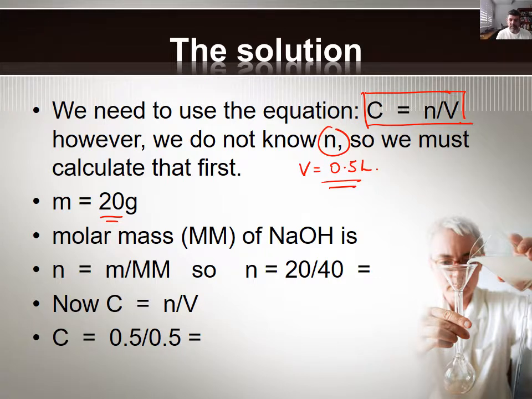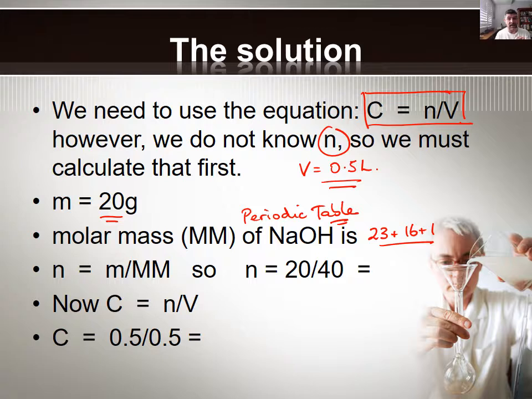Now the molar mass for sodium hydroxide we have to get from our periodic table. So make sure that you always have your periodic table with you so that you can follow the steps needed for these sorts of questions, but also that you can access this information very quickly and very readily. You don't have to commit it to memory, you'll get your periodic table. So the sodium is around 23, oxygen 16, and hydrogen 1.